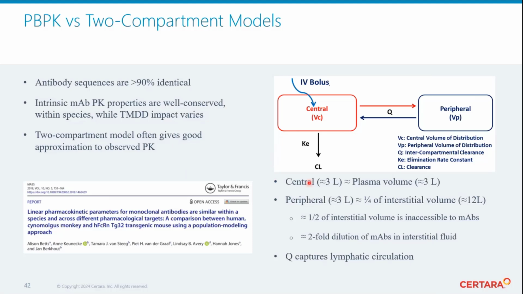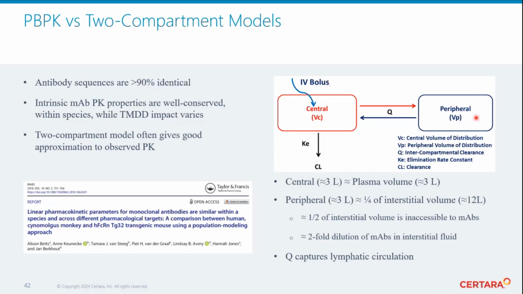So just a short note on how to compare PBPK with a two-compartment model. It still all makes sense. In the two-compartment model, the central compartment is pretty much equal to the plasma volume, whereas the peripheral compartment is based on the assumption that it has the same concentration of the drug as the central compartment.